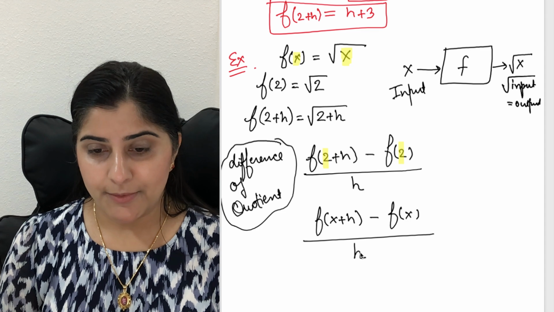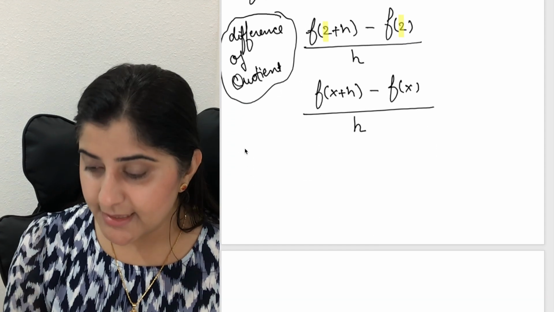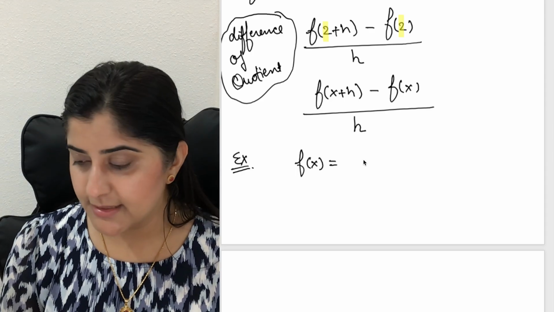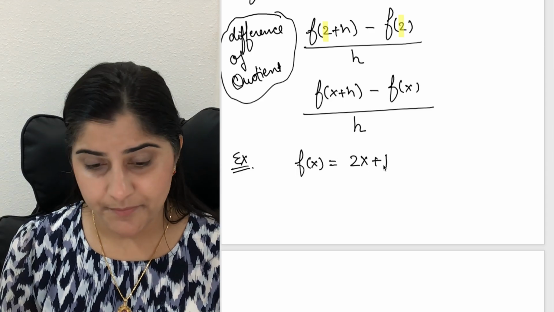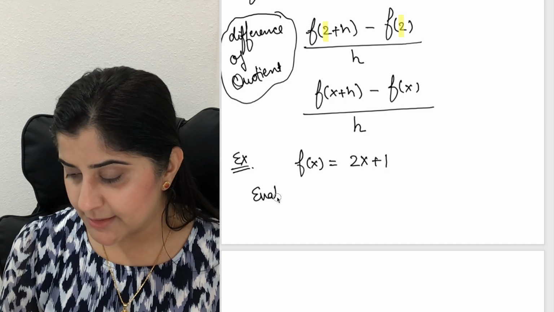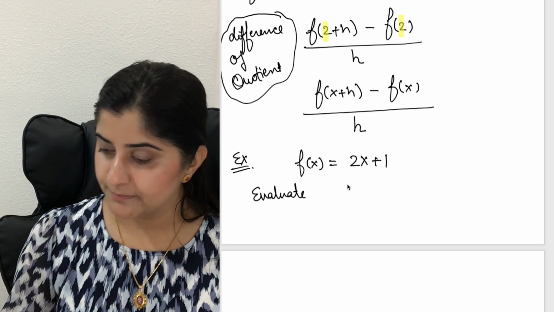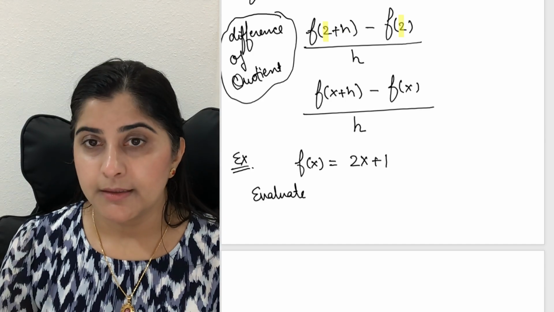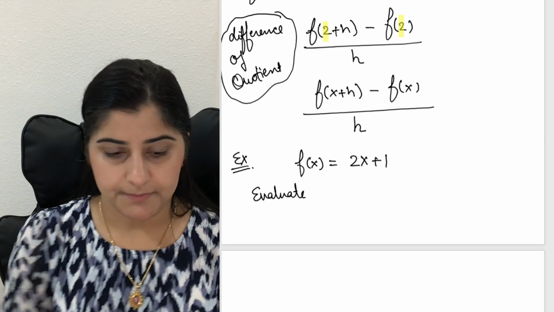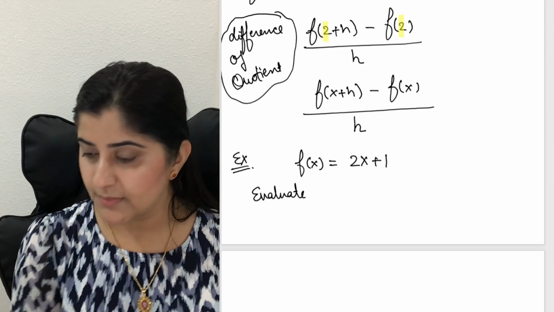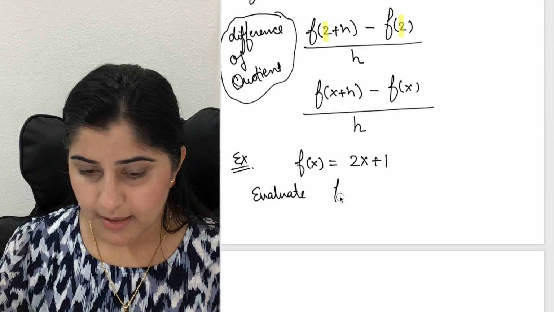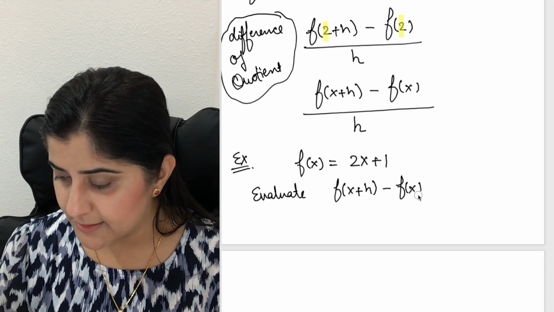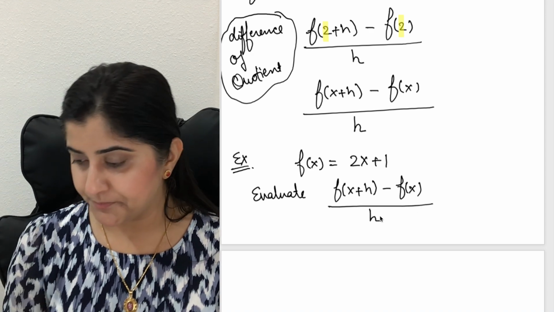Okay, let's now take another example. Here f of x is equal to 2x plus 1, and we are asked to evaluate f of x plus h minus f of x, divided by h.